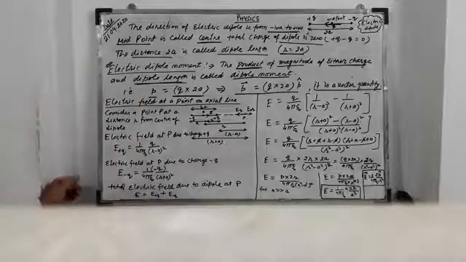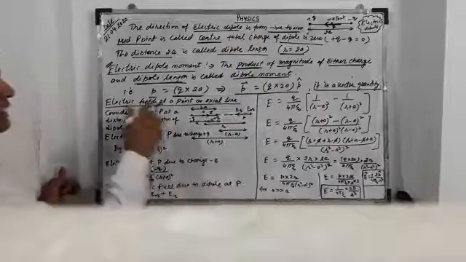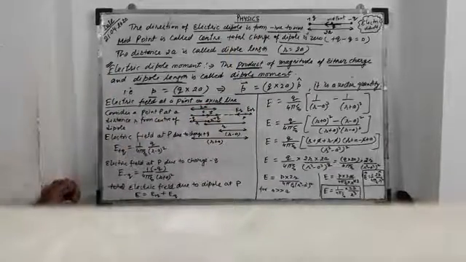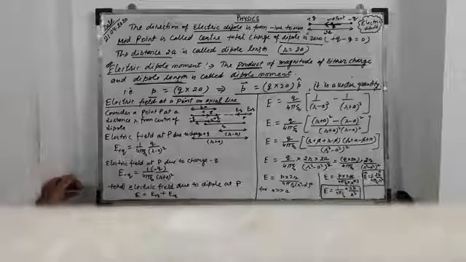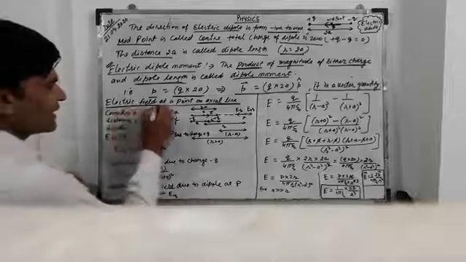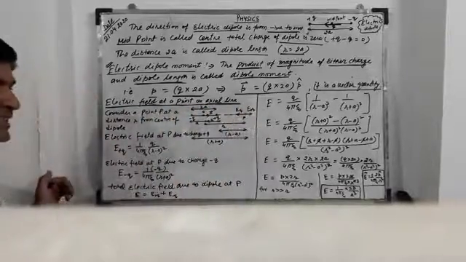Now, in the case of an electric dipole, there are two lines. One is the axial line, another is the equatorial line. So we are calculating the electric field at a point on the axial line. What is the axial line?